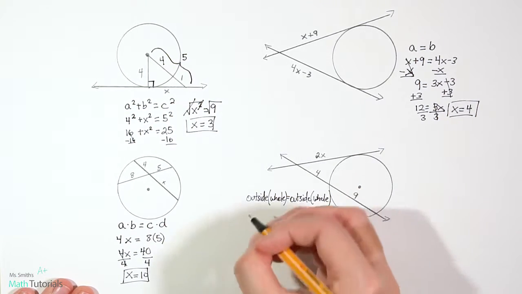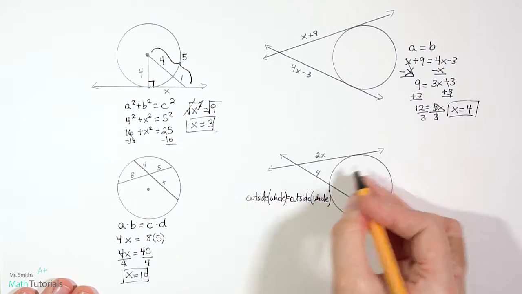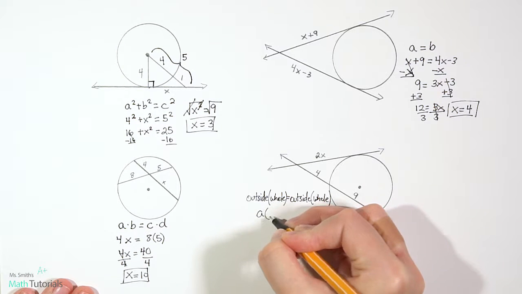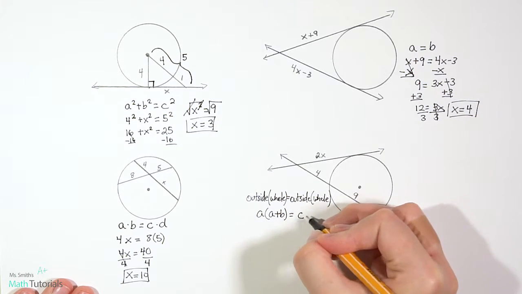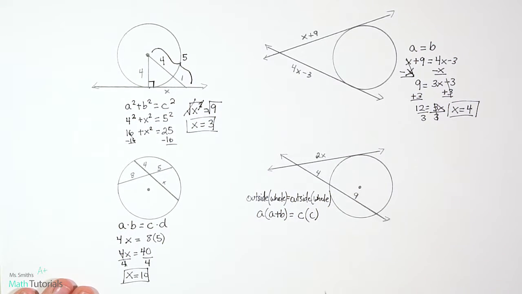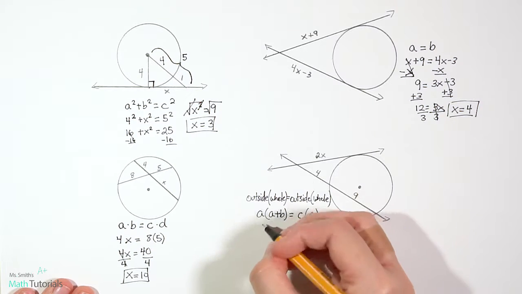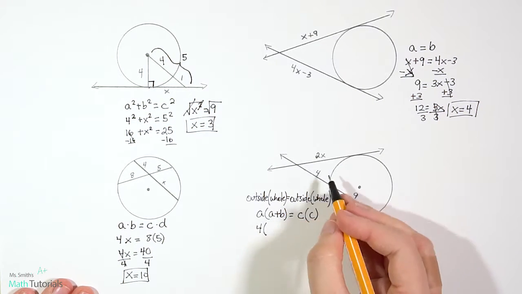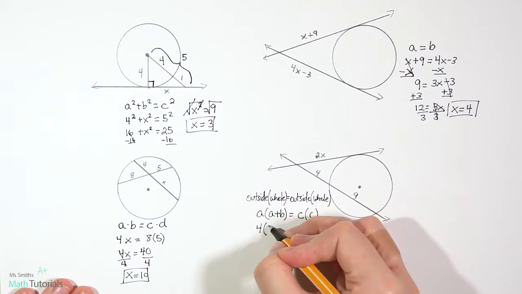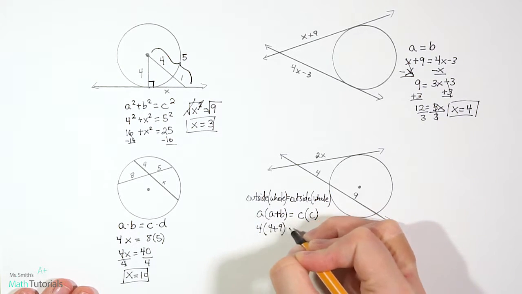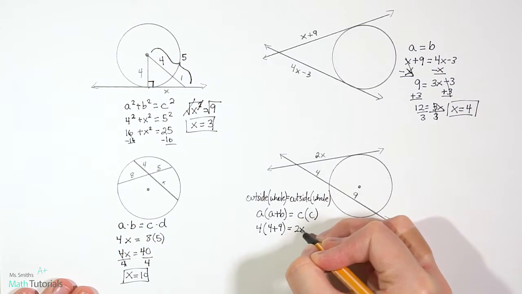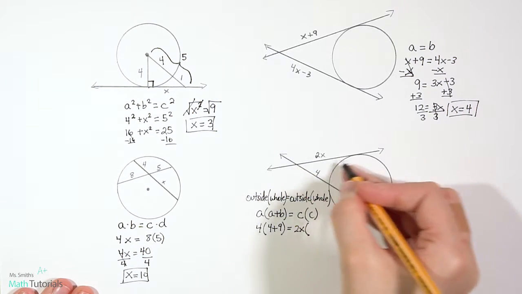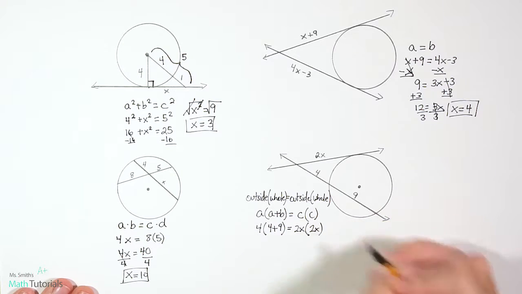Or we could say that as, in this case, A times A plus B equals C times C. The outside part, our 4 times 4 plus 9, the whole, equals our outside part, c, 2x, times c again, because that is our whole, 2x.